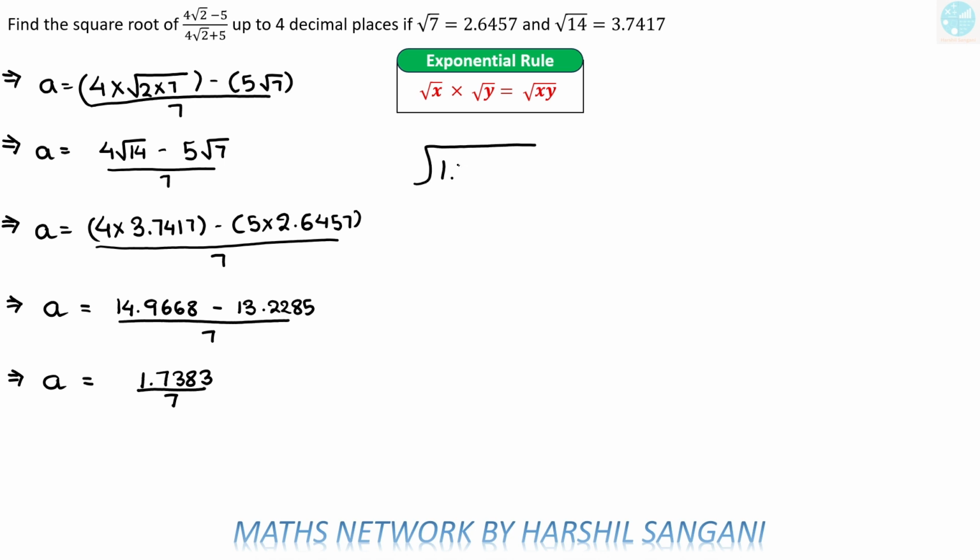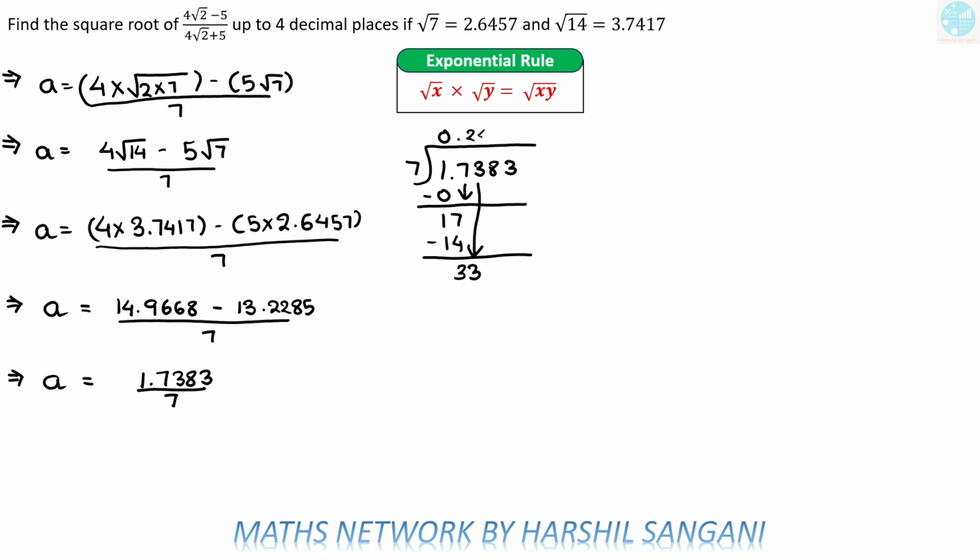Now we will be doing the division, so it will be 1.7383 divided by 7. As 1.7383 is smaller than 7, we will write 0 and subtract 0. So it will be 1, and we will take down 7 and put a decimal point after 0. Now we can multiply 7 with 2 and get 14, which is smaller than 17. When we subtract 14 from 17, we will get 3 left. Now we carry down 3 and we will have 33.